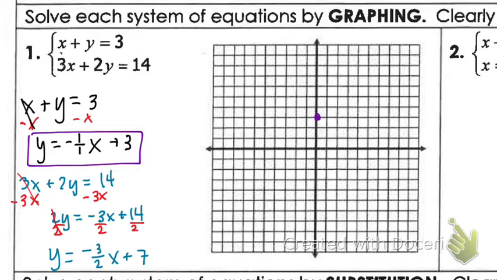And then how do we get to the next point? Good. Down 1 and to the right 1. And I'm going to make a lot of dots because we want to know where these are going to cross. Down 1 over 1. And if we need to go the other way, we just do the opposite, up 1 to the left 1.